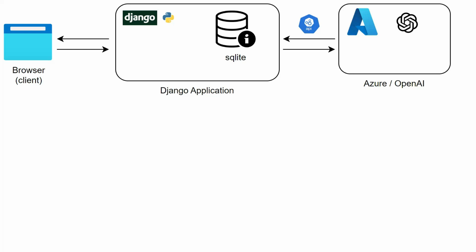And Django is a Python framework where you can develop pretty much a full stack application. It's more focused on the back end, but you can quickly integrate with a front end like HTML.